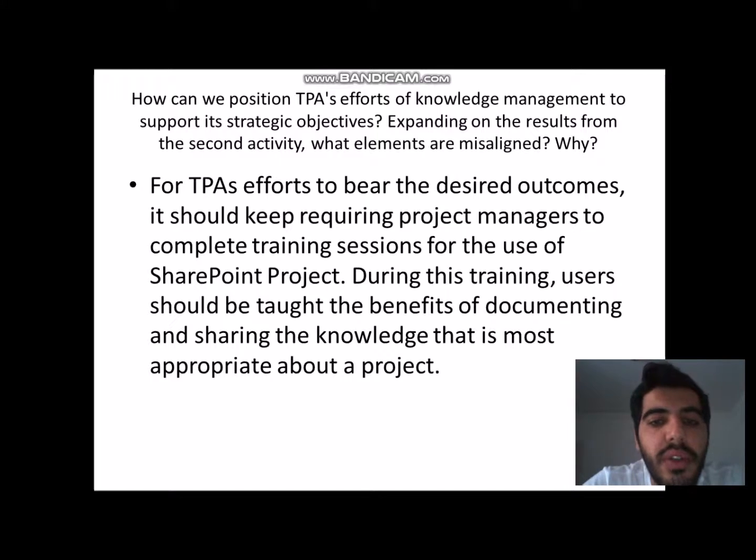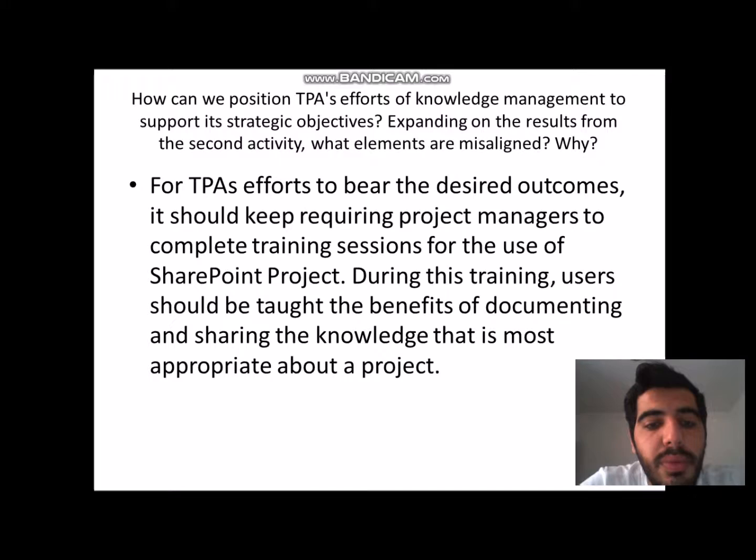During this training, users should be taught the benefits of documenting and sharing the knowledge that is most appropriate about the project. It should also encourage the sharing of information through incentives, such as rewarding sharing that leads to effectiveness and efficiency of the organization.